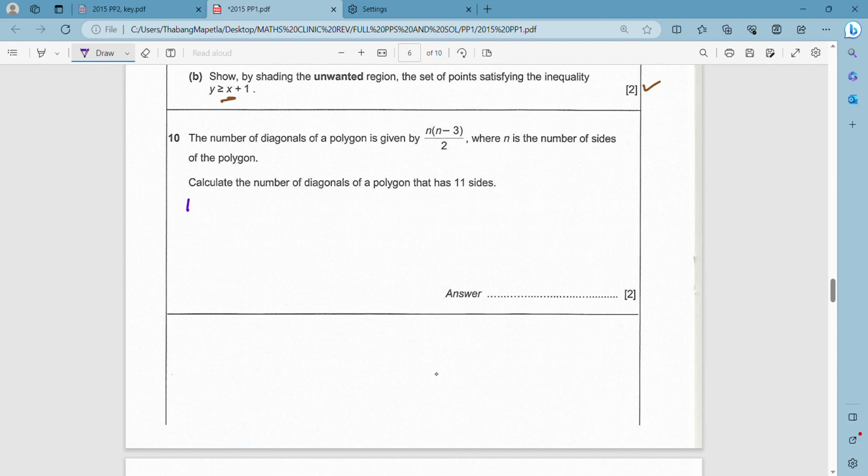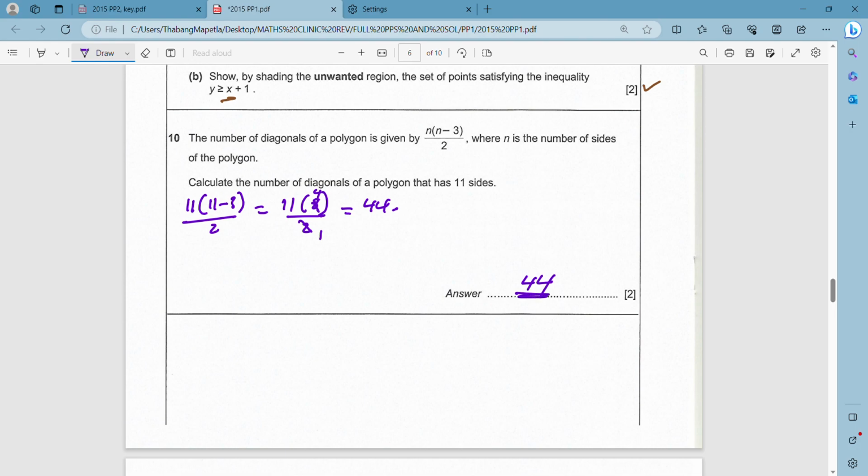Therefore, it's simply going to be 11 times (11 minus 3) over 2. 11 minus 3 is 8. Remember, over 2. 2 here, 1, 2 there, 4. 4 times 11 is going to be 44. So it's going to be 44 diagonals.